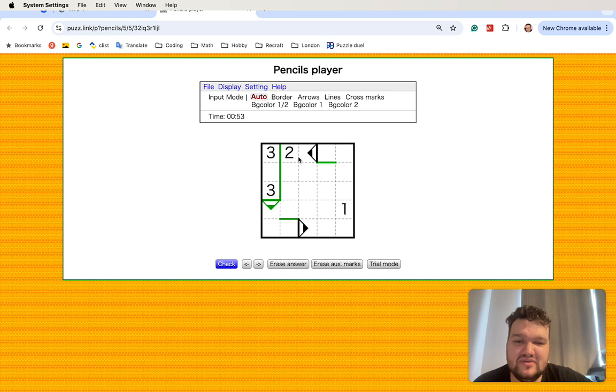This too must be a part of a pencil, and it can go right, so it also goes down, and no, no. Yes, correct.